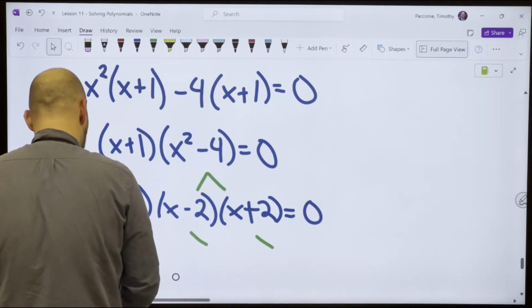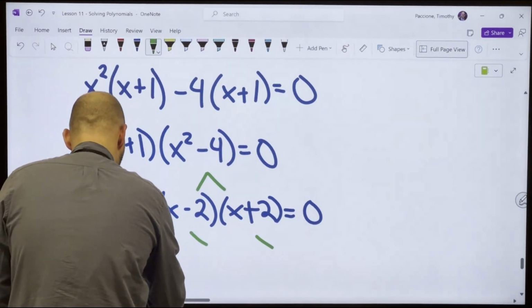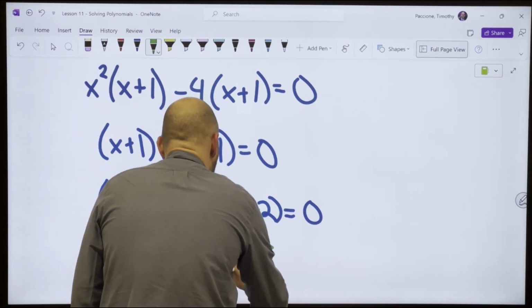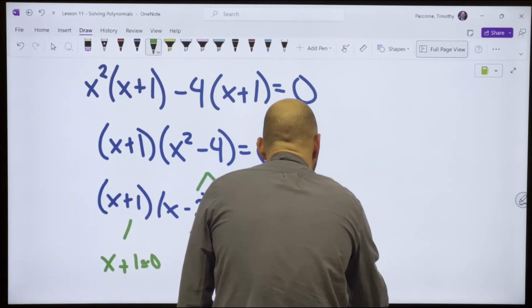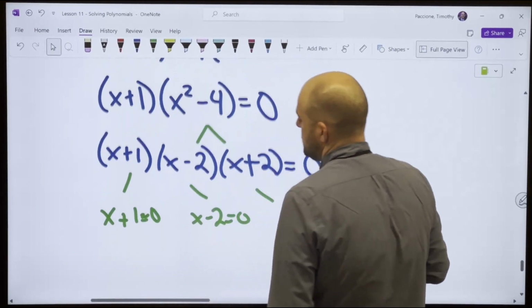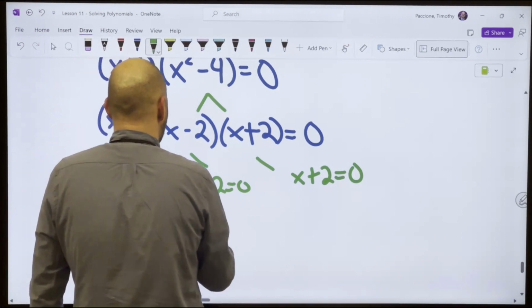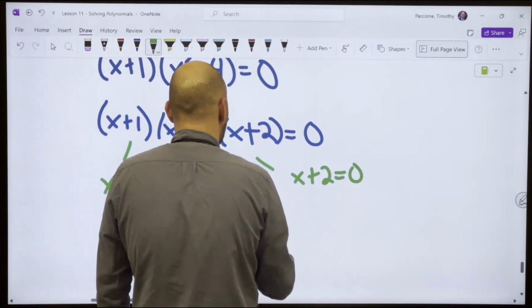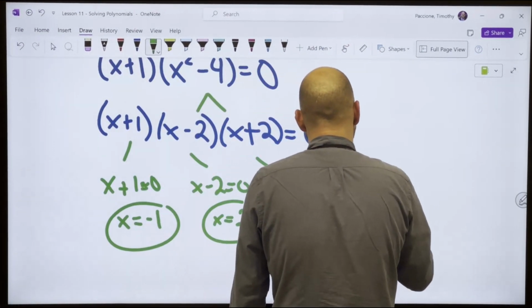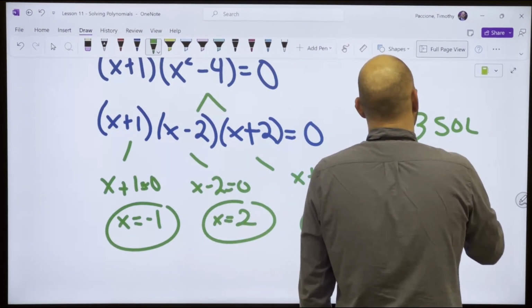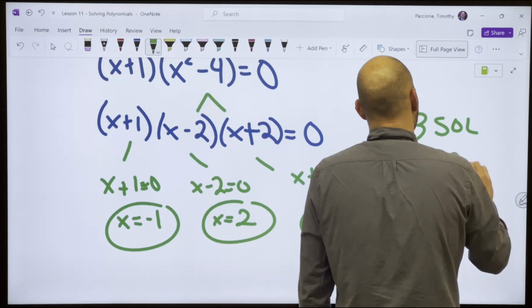Zero product property tells me x plus 1 equals 0, x minus 2 equals 0, x plus 2 equals 0. And each of these problems is pretty easy to solve. x equals negative 1, x equals 2, x equals negative 2, and I had 3 solutions for a degree 3 function, so I feel good.